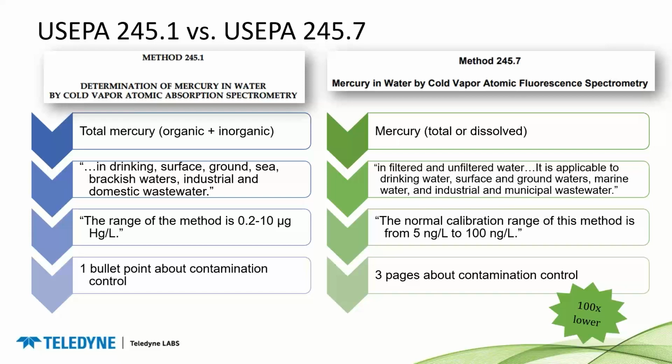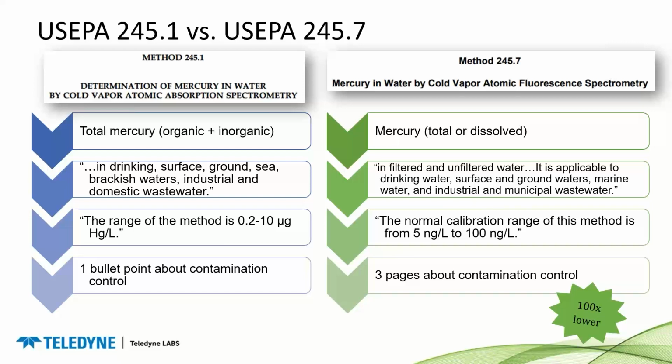So that just tells you a little bit about the sensitivity of the method. And it's also important to note that 245.7 doesn't use gold trap amalgamation. You're gaining that sensitivity just from changing the principal technique from atomic absorption to atomic fluorescence. So that's how we can achieve those trace levels.